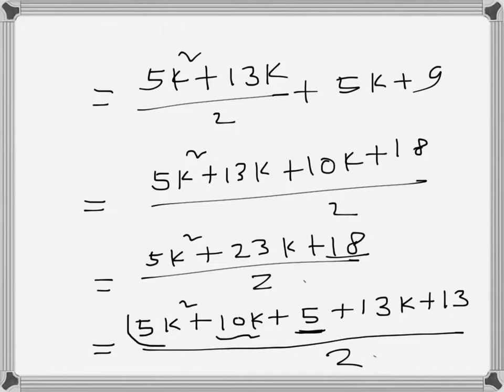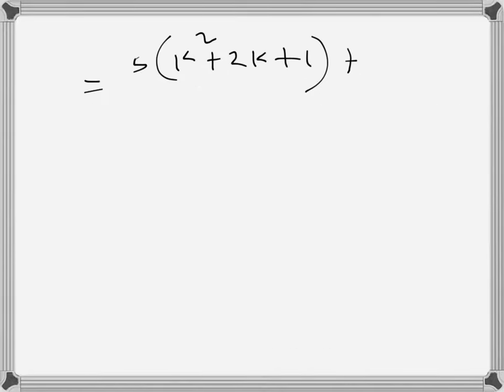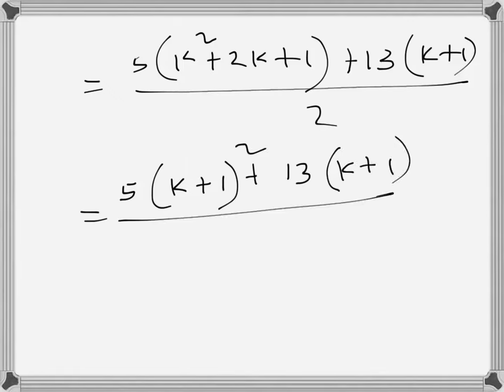The reason I have written it like this is I want to take 5 out. It becomes 5 times (k square plus 2k plus 1), and the remaining part is 13k plus 13, so 13(k plus 1), over 2. So this can be written as (5(k plus 1) whole square plus 13(k plus 1)) over 2.